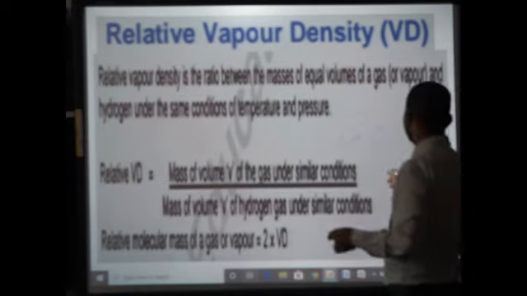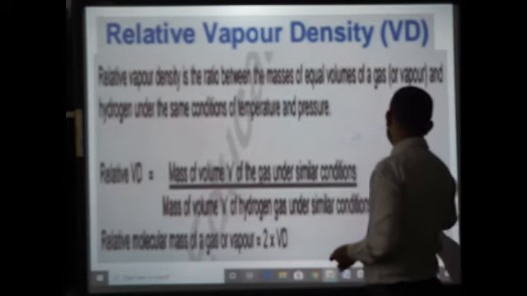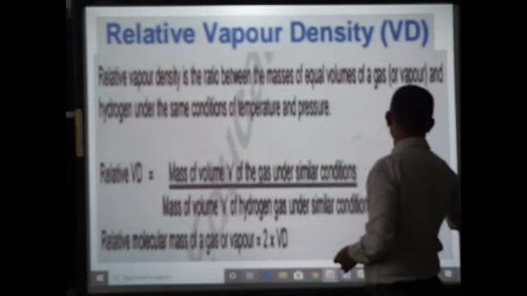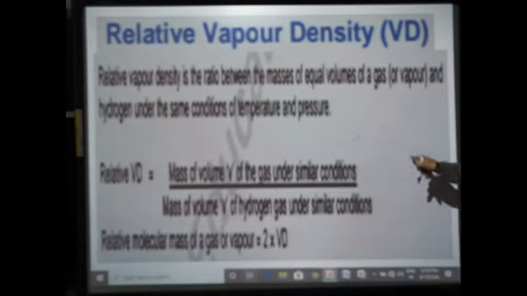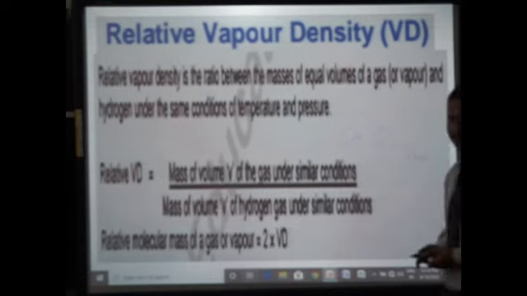So vapor density VD is equal to relative molecular mass by 2, and relative molecular mass of gas is equal to 2 into vapor density.